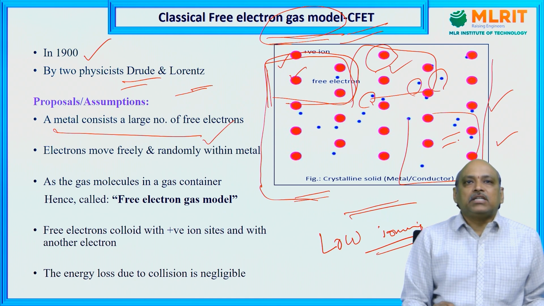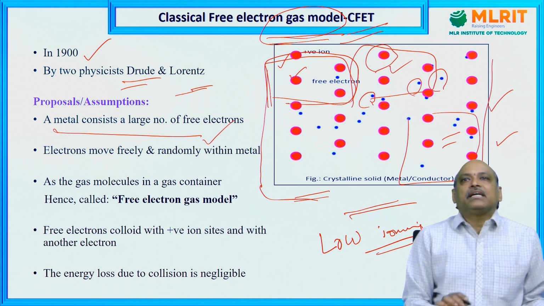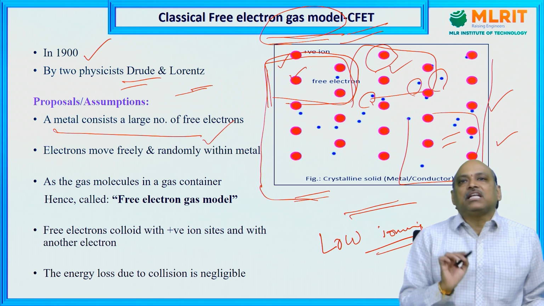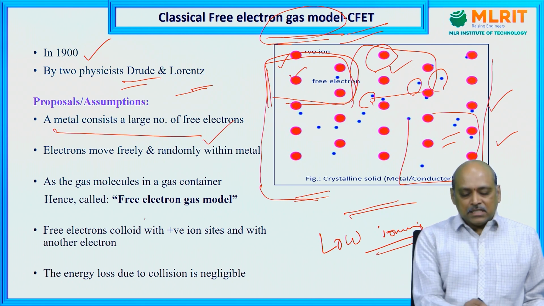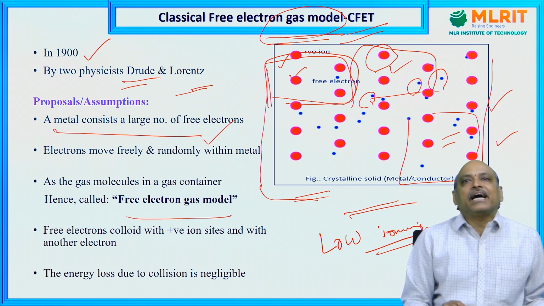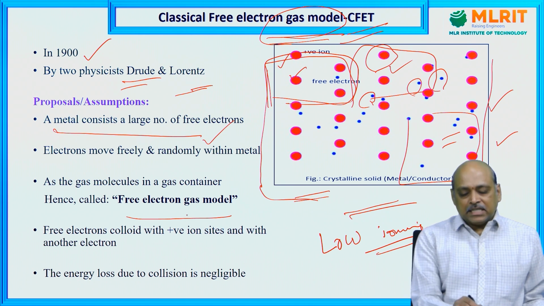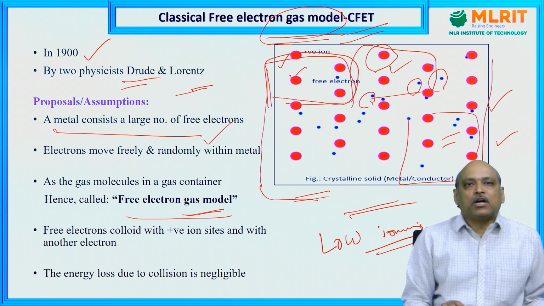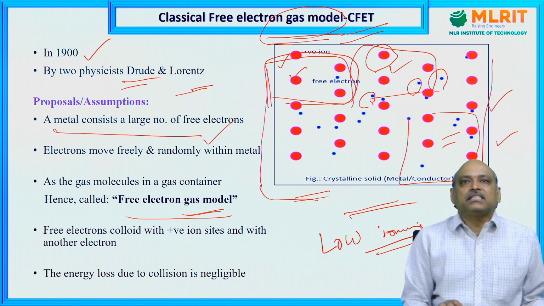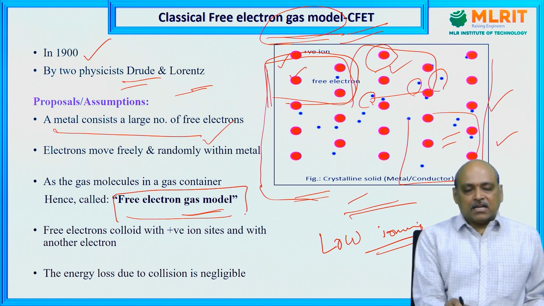It is equivalent to the freeness of a gas molecule in a gas container. That's why this theory is also called the free electron gas model. In gases, the freeness with which gas molecules move in a container is the same freeness these free electrons have in a metal. Hence, it is called the free electron gas model.